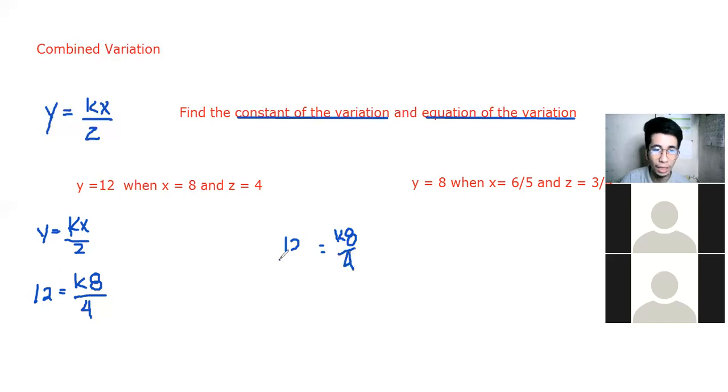We can put an over 1 here. When we put over 1, we cross multiply. 12 times 4 is equals to K8.